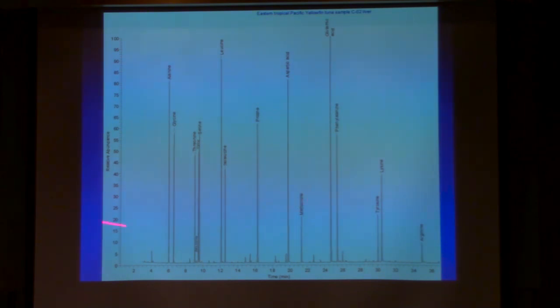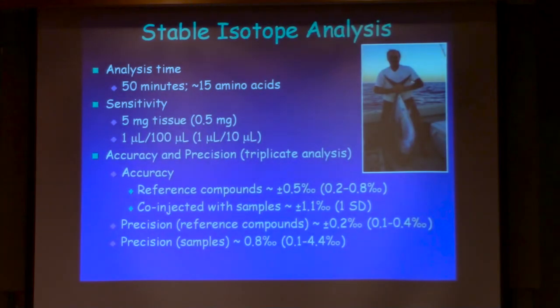This is a chromatograph of amino acids. This is on a GCMS, but it just shows you that there's good separation, well enough separated that we can measure the isotopic composition. It doesn't take too much tissue. The analysis time for each injection, once you have it prepared, is about an hour. And you get the isotopic composition of about 15 amino acids.